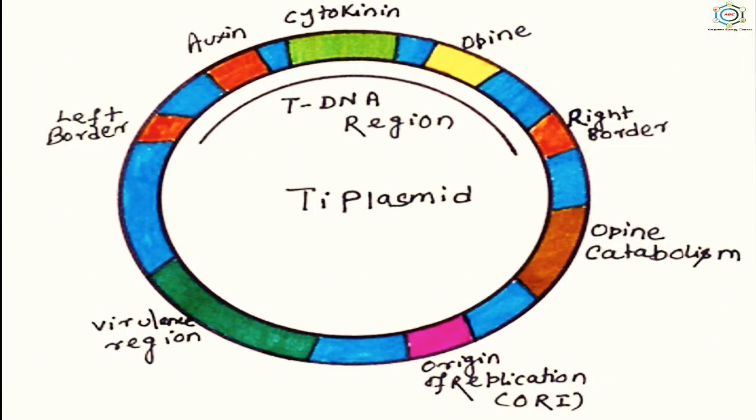Tumor formation is produced by its plasmid, which is therefore called the TI plasmid, TI for tumor inducing. The TI plasmid integrates a segment of its DNA, termed tDNA, into the chromosomal DNA of its host plant cells. The tDNA causes tumors.